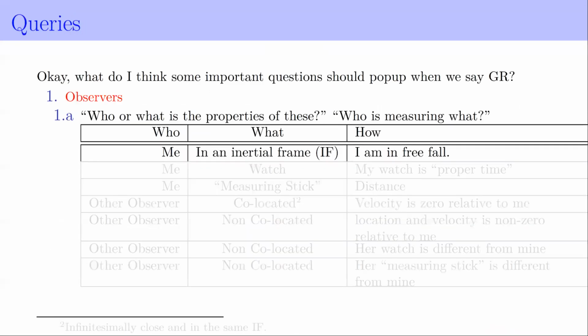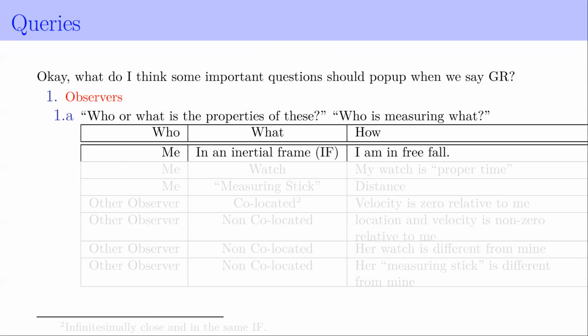I'm just going to start some of my own things. Does anybody want to ask any questions or observe anything? What's the first thing that you would think of? I would say observers, same as there is in special relativity.